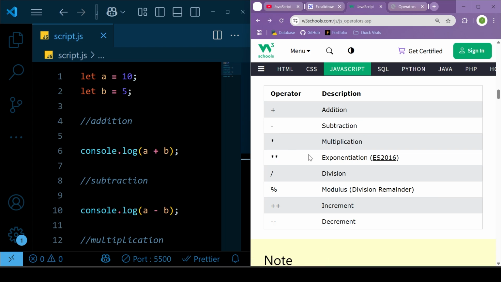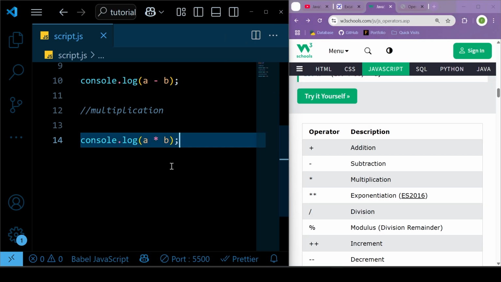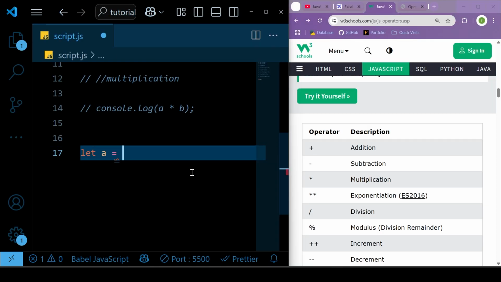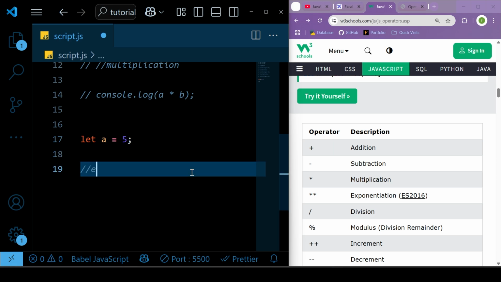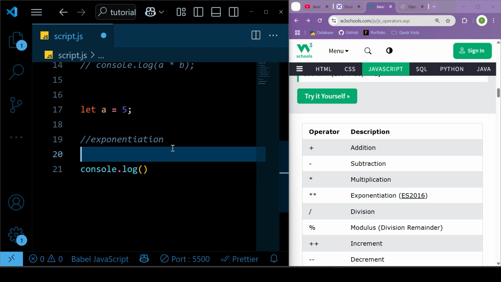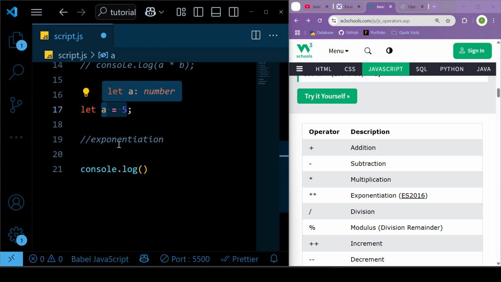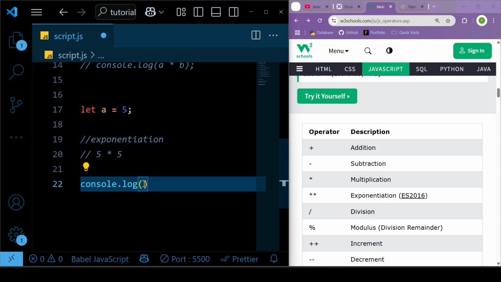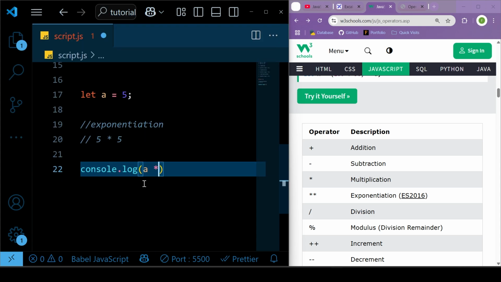So now let's see your exponentiation. Let's say we have a that is equal to 5. Simply let's say we need to have the square of this, that is 5 into 5. So we will write simply a exponentiation 2.